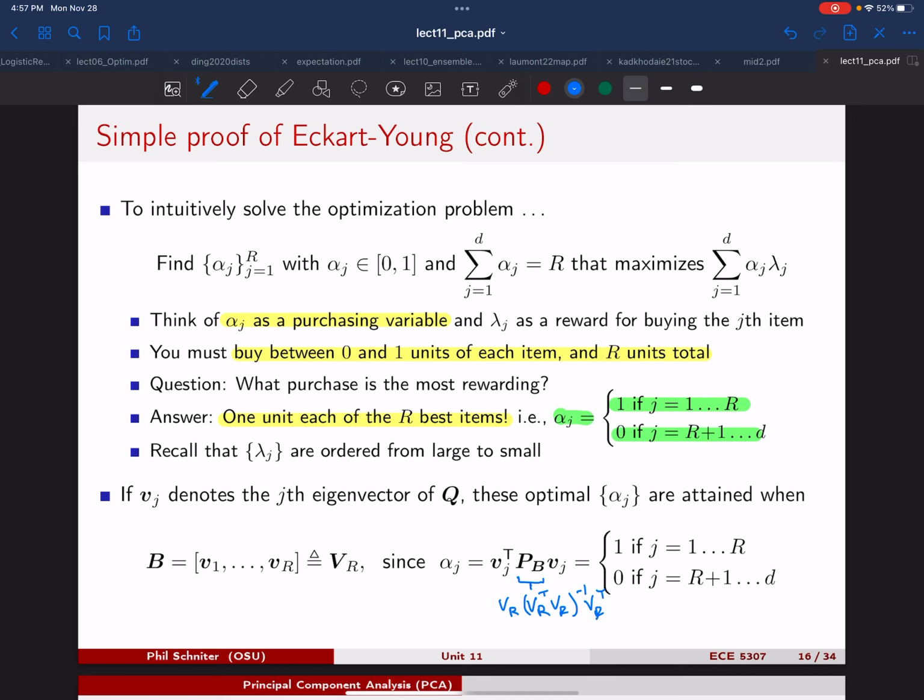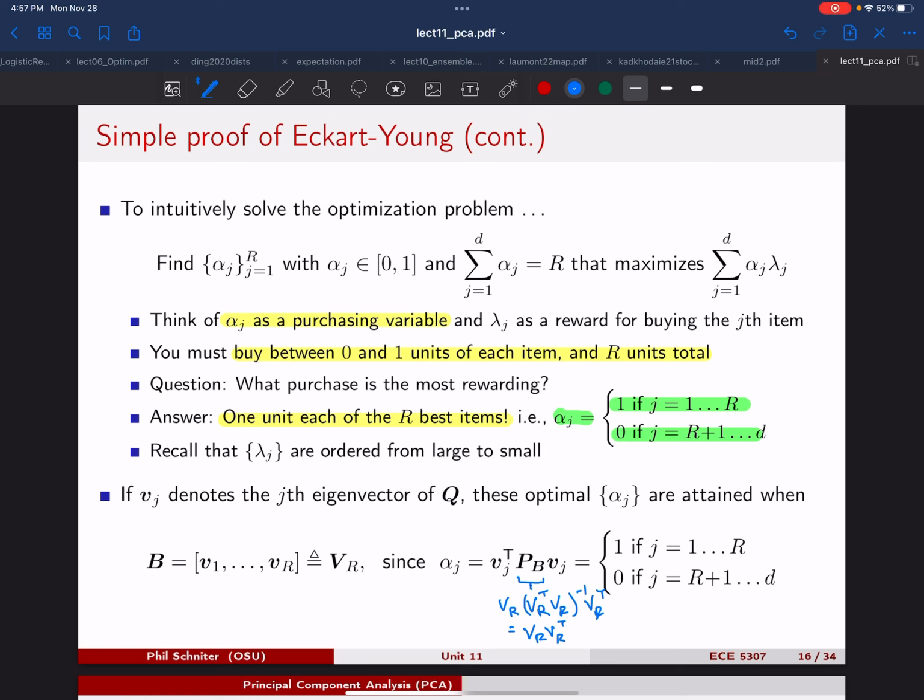But remember that this VR is a tall matrix whose columns are orthogonal to each other. So that means this VR transpose VR is identity. And so that disappears. So this is just going to be VR, VR transpose.